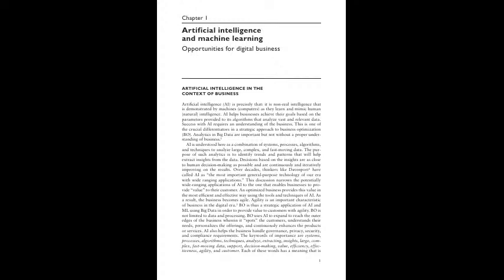So this is about the use of artificial intelligence and machine learning in business.